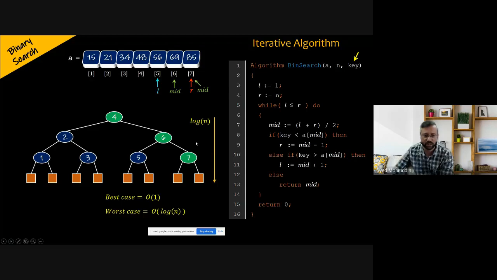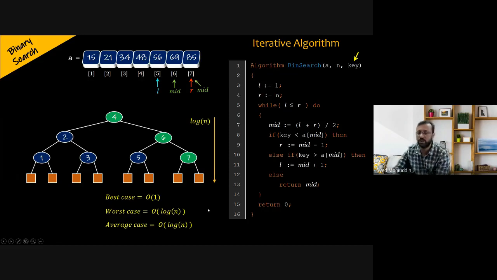So in the worst case, or even in the average case, it is going to be O of log n. So this is the time complexity of binary search using the iterative approach. In the iterative approach, the best case is O of 1, and the worst case and average case are O of log n.